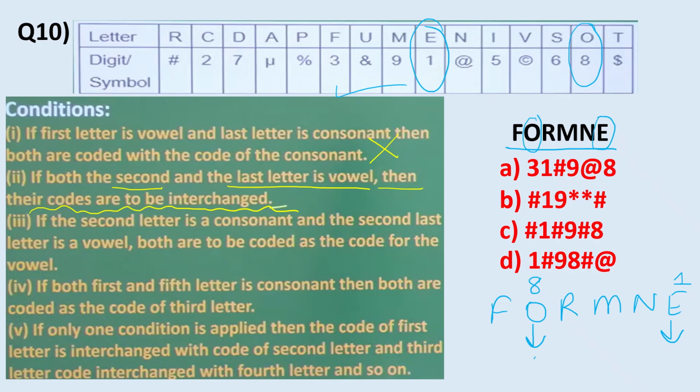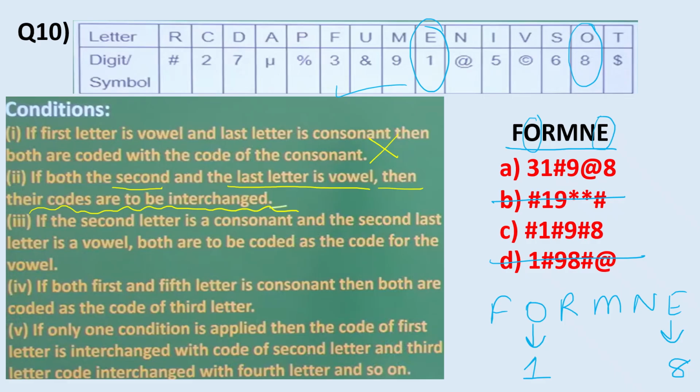That means 1 will come here, 8 will come here. Understanding? That is what the condition says. Okay. Now, can you eliminate options from this? Yes. Option B is eliminated. Correct? And option D is eliminated. Now, A and C you have to check.